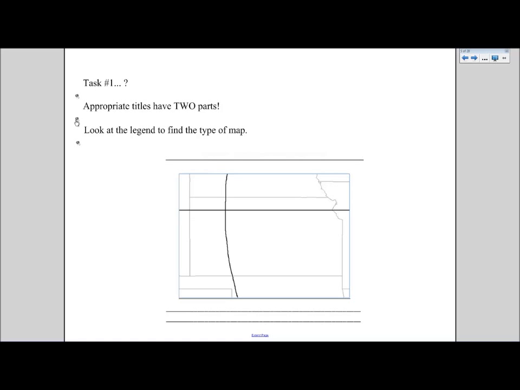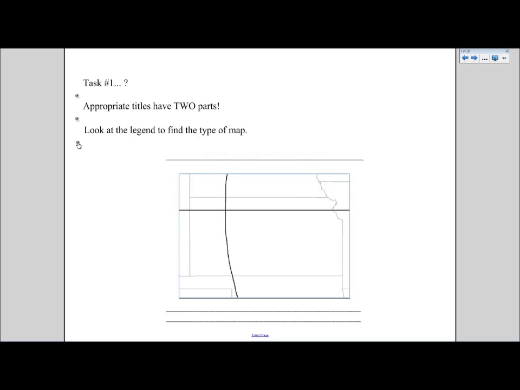In this case, we need to figure out what's going to be in our legend in order to figure out what type of map this is. You can see that numbers 8 and 9 on our checklist both use the word legend. It's even underlined to make it more obvious. Number 8 says that we're going to use appropriate color shading and the legend to show types of landscapes in the region.